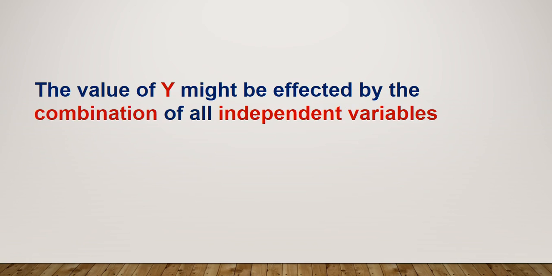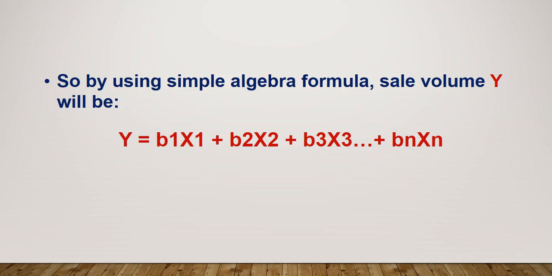The value of Y might be affected by the combination of all independent variables. So, by using a simple algebra formula, sales volume Y will be equal to B1 times X1 plus B2 times X2 plus B3 times X3 plus Bn times Xn.